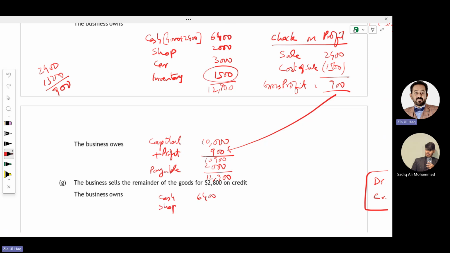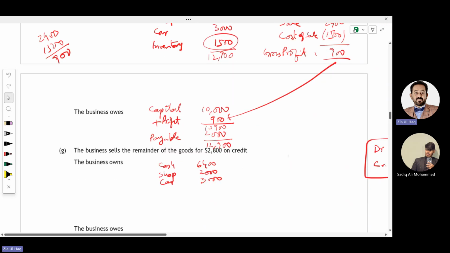Your shop will remain same 2,000. Your car will remain same 3,000. Your inventory will be 0, because we sold it already. And we don't receive cash, we sell on credit.